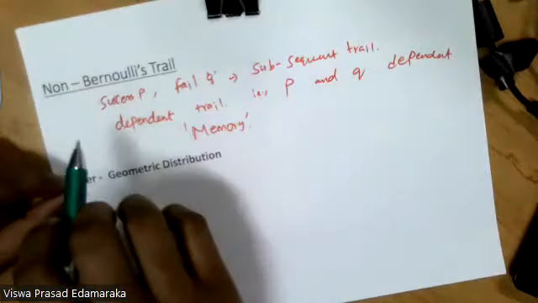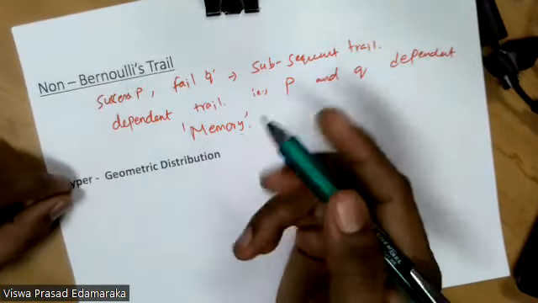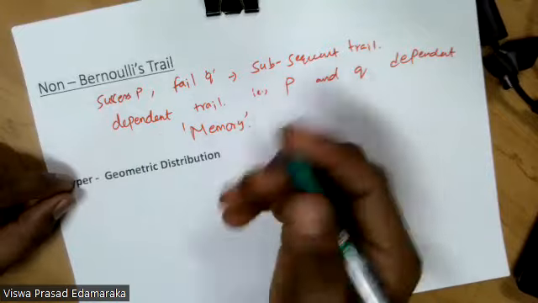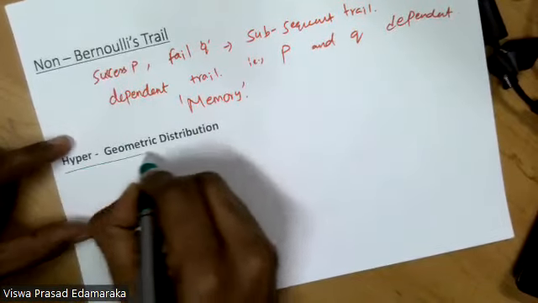We know that for a Bernoulli trial, we apply binomial distribution. For a non-Bernoulli trial, we will apply hypergeometric distribution.